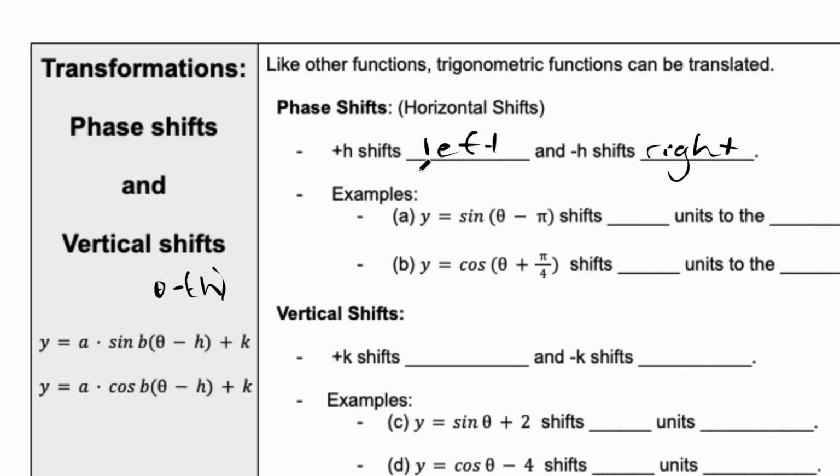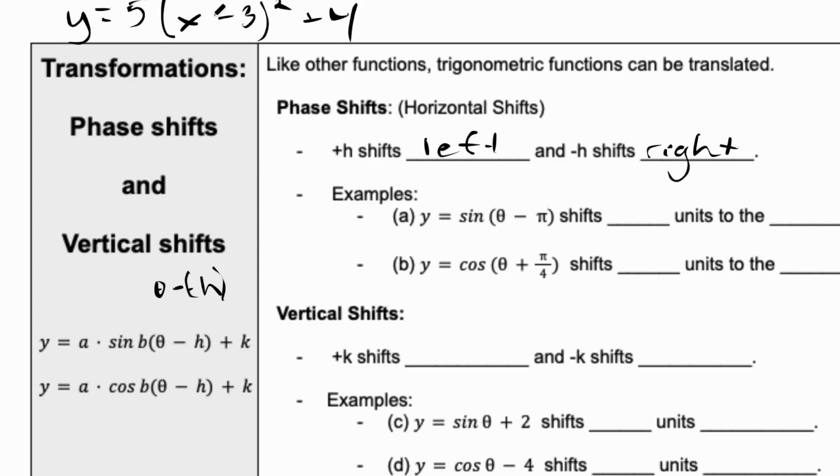And this H is inside our main function, our sine function, and that's what allows us to horizontally shift. If we were thinking about quadratics, I'm not going to go too in depth on this, but let's just say we had something like 5 times x minus 3 squared plus 4.